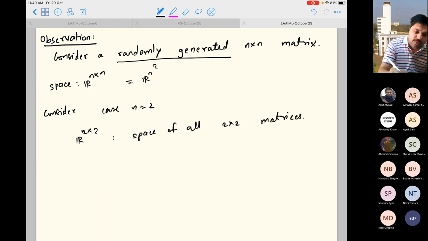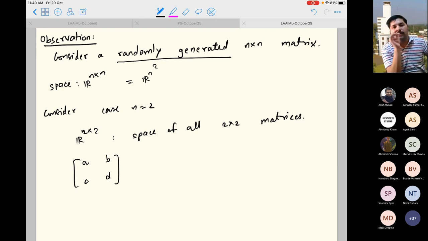If you consider a 2 by 2 matrix, I'll just write down A, B, C, D. These A, B, C, D are the entries which are coming from real numbers. Any real number you can put in place of A, B, C, D, and you will get all possible 2 by 2 matrices. And when is a matrix invertible? When the determinant is not equal to 0.